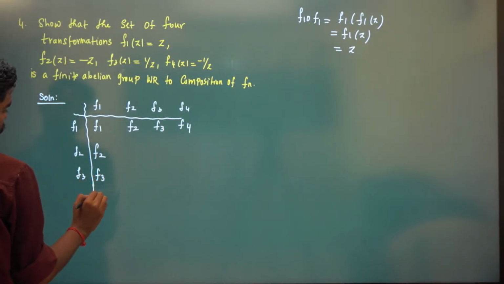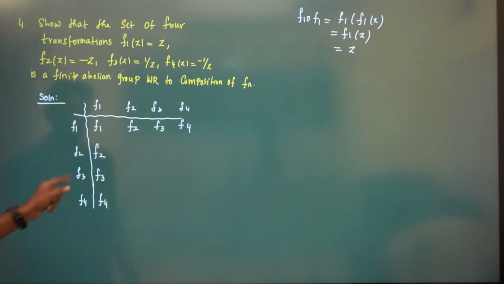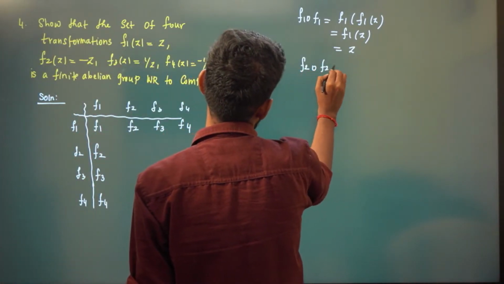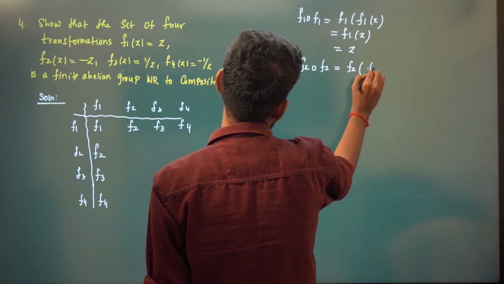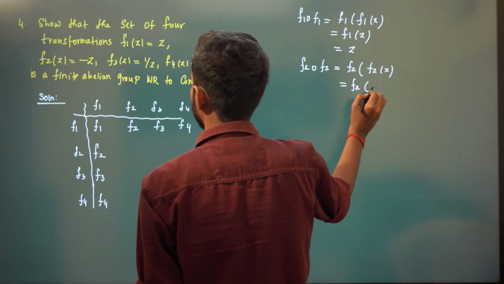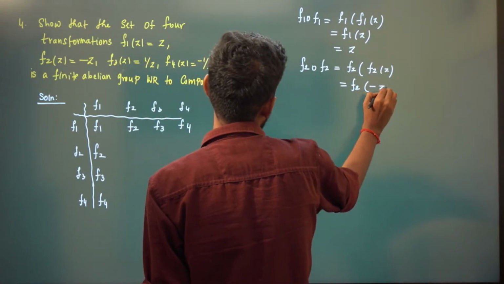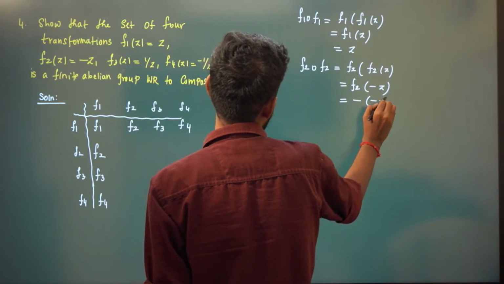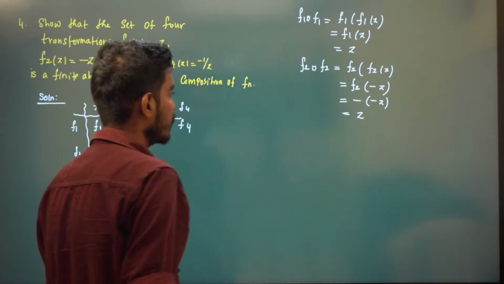Now what is F2 composite F2? It is F2 of F2 of Z. F2 of Z is minus Z. F2 of minus Z is minus of minus Z, which gives you Z, which is F1.